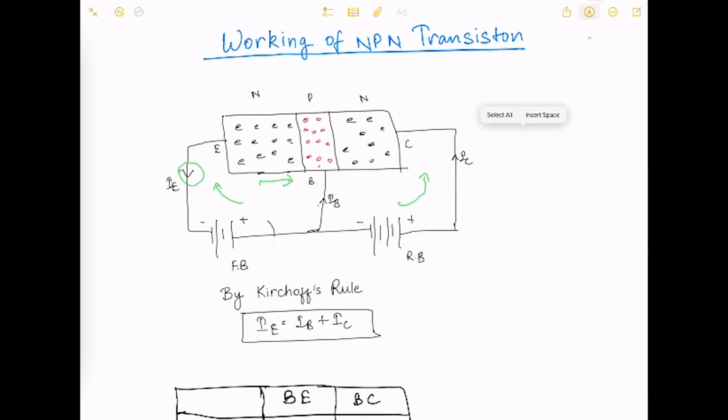As we know, in the P region, the combined electrons move to the valence shell, due to which the positive charges move to the base region. So we get an IB current. Also, due to the movement of charge from emitter to the collector, we get an IC current in the opposite direction. So, by Kirchhoff's rule, we get the equation that IE is equal to IB plus IC.